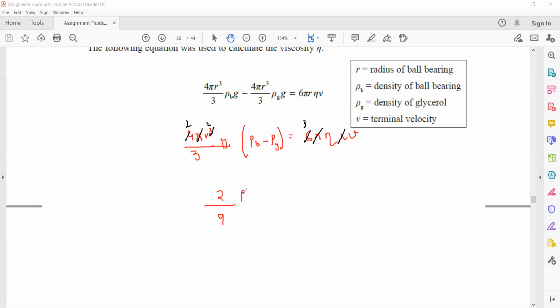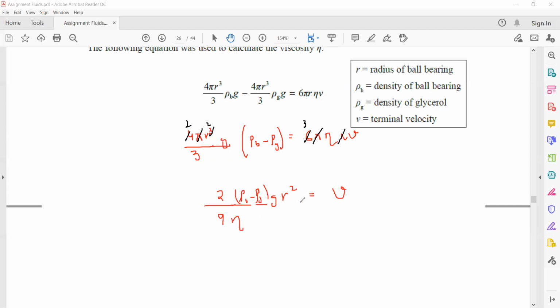The difference in the densities multiplied by g, r square is there because r cube is cancelled, and that is equal to, on this side we are left with 9 eta, which is multiplied here, so on the other side it will divide, so viscosity and v.